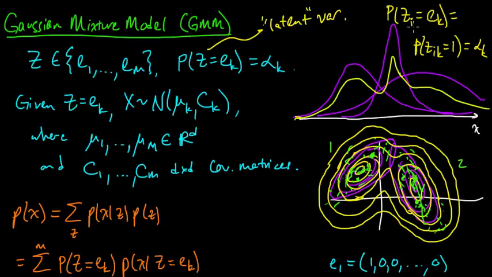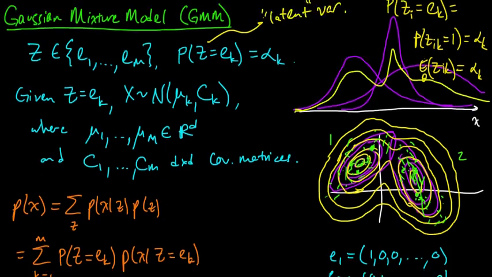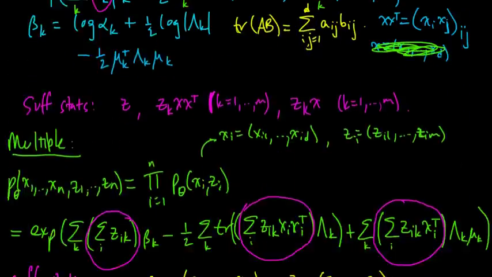It only takes values 0 and 1. And so the expected value of a Bernoulli random variable is just the probability that it's equal to 1. So that means the expected value of zik equals alpha k. So we can use that down here.